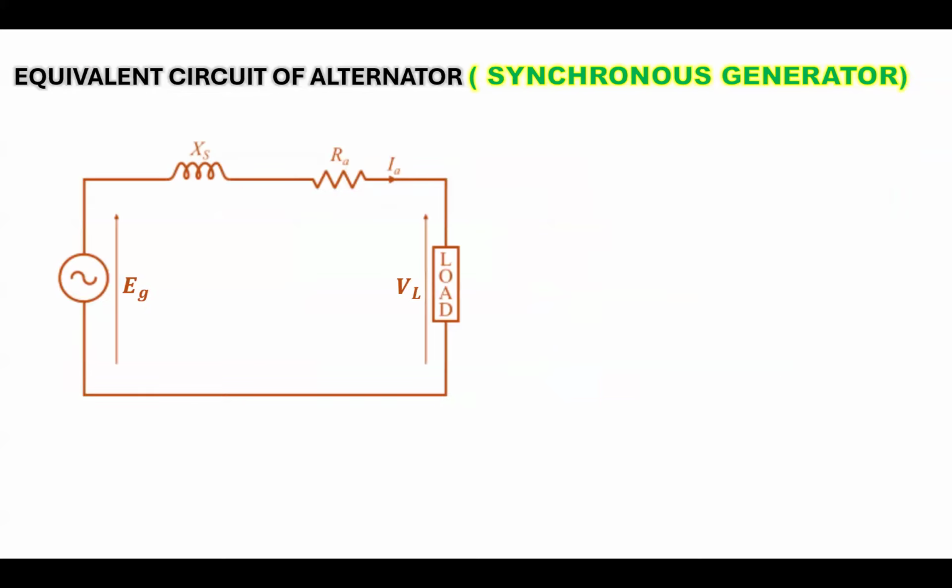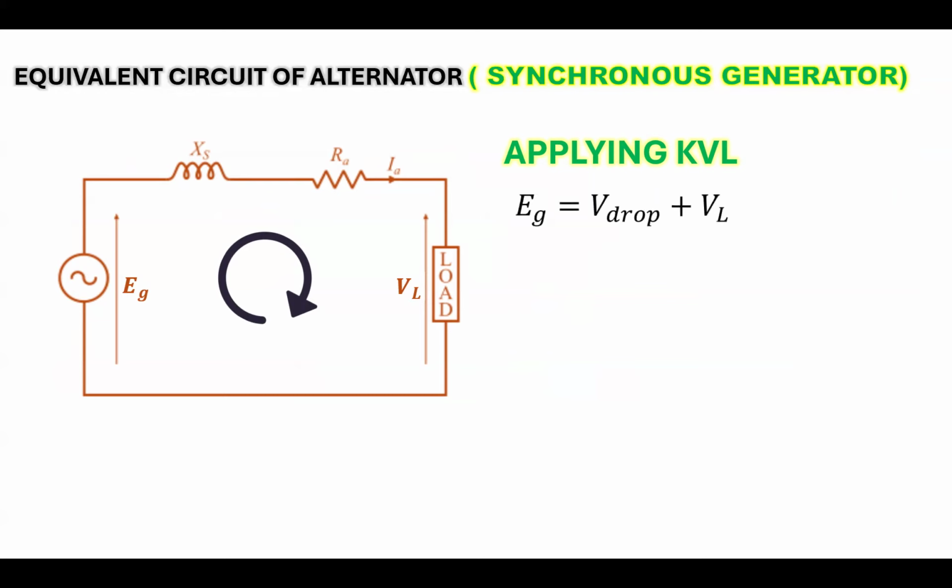So, masisimplify na lang yung circuit natin, composed of the armature resistance in series with the synchronous reactance. So, applying Kirchhoff's voltage law in the circuit, the generated voltage is equal to the voltage drop across the synchronous reactance and the armature resistance plus the load voltage.